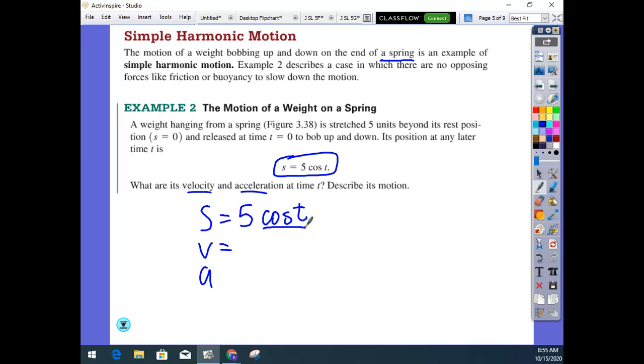Now keep in mind, I don't have to use product rule because 5 is just a coefficient. It's not like a function. It's just a coefficient of cosine. The derivative of cosine is negative sine. So the actual full derivative is negative 5 sine. The derivative of velocity is acceleration. The derivative of sine is positive cosine, so it stays negative 5 cosine t.